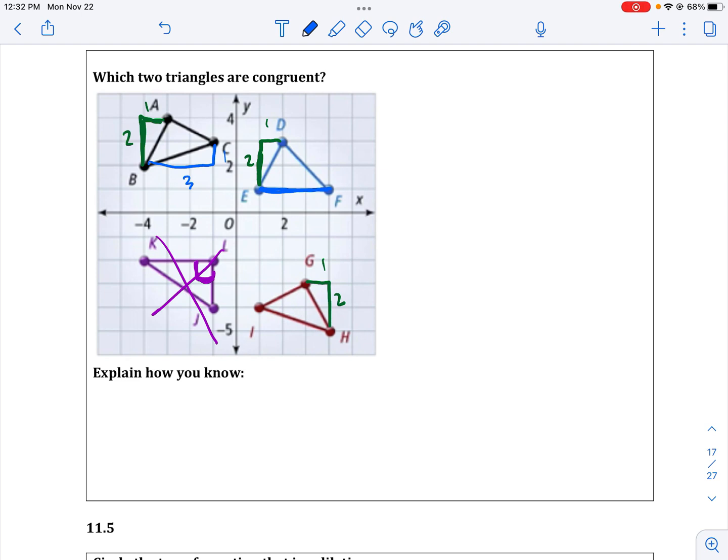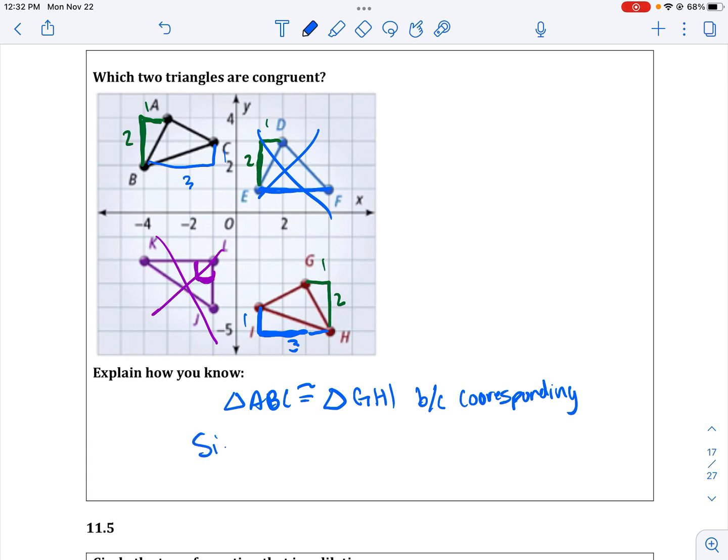So let's go from H to I here, and I create a 3 by 1 triangle, meaning this one is not congruent. So the two triangles that are congruent are triangle ABC and triangle GHI because corresponding side lengths are equal in measure.